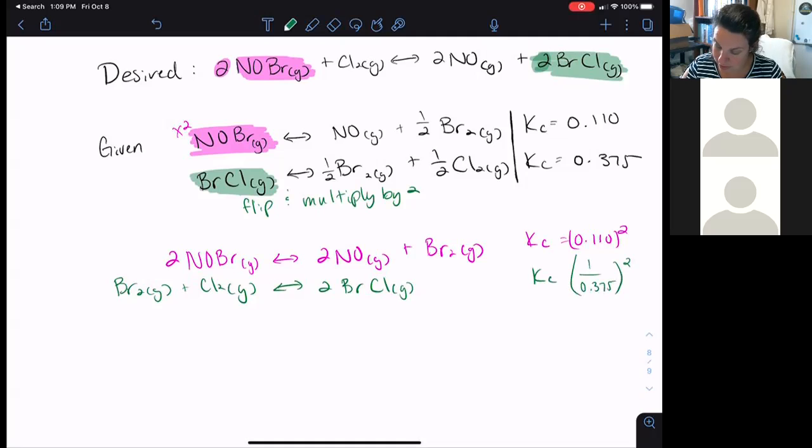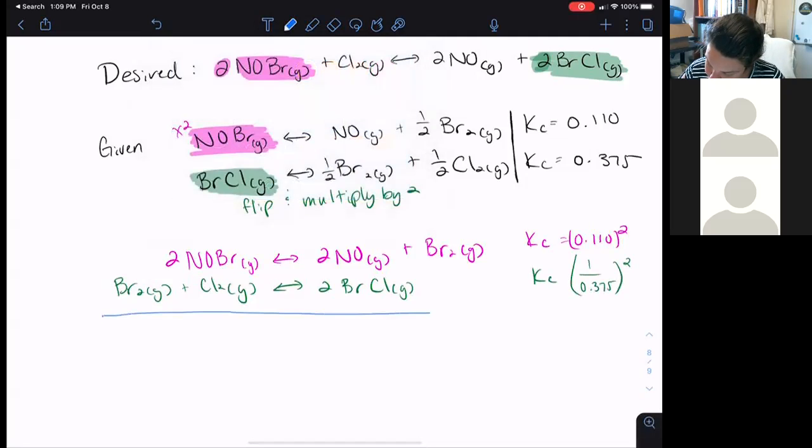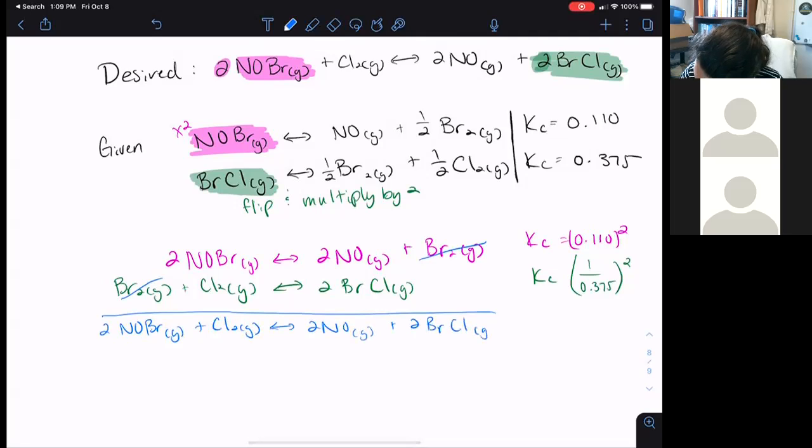Okay. Combining these two, we see we cancel out our Br2. That's the only thing we cancel out. So we're ending up with 2 NOBr gas plus Cl2 gas goes to 2 NO gas plus 2 BrCl gas.